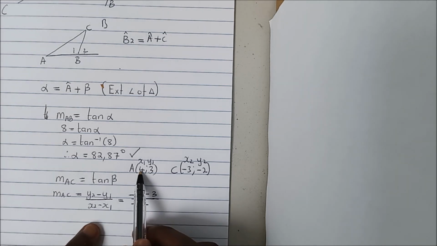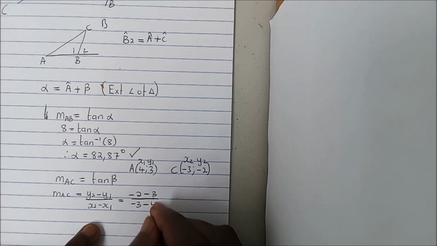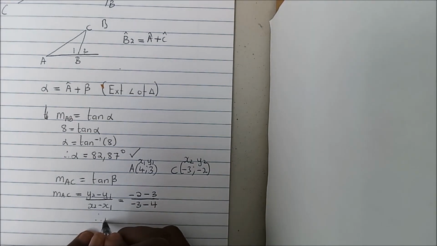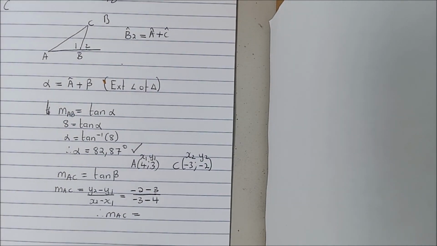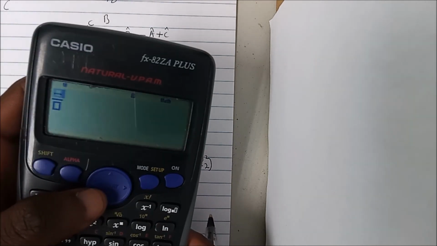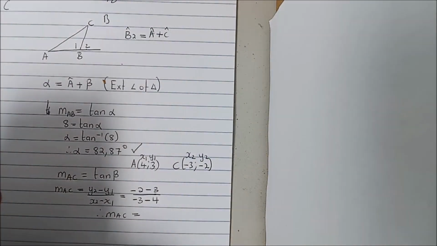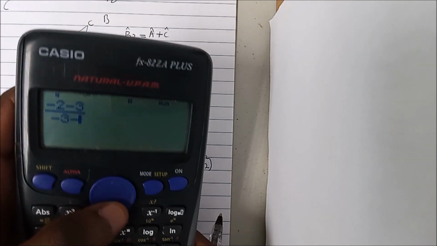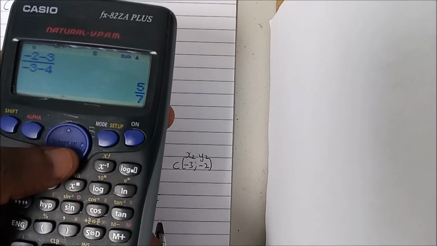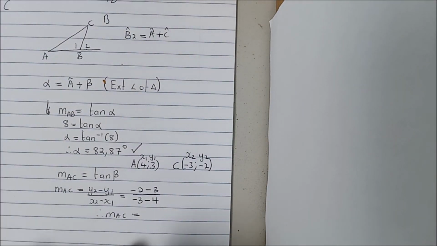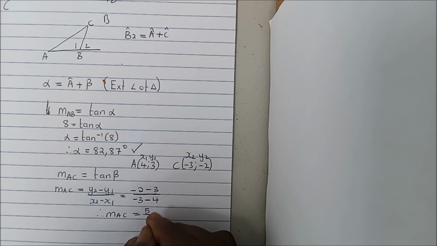Our x1 is going to be 4. So we have -4. Therefore, the gradient of AC, if you put that into the calculator, is -2 minus 3 over -3 minus 4. So it's going to be 5/7. So the gradient of AC is 5/7.